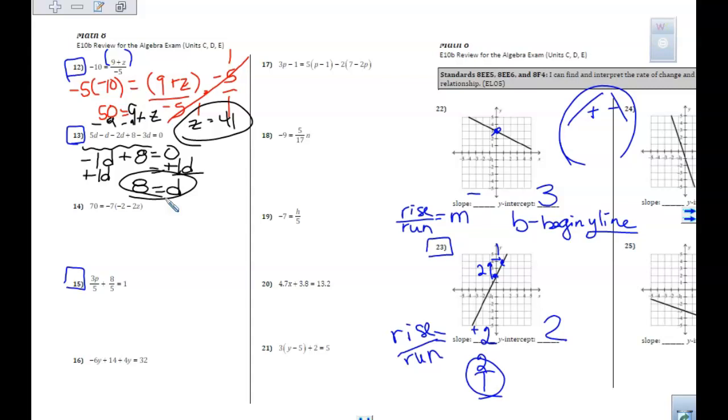So in number 15, as we are looking at that, Anna, what do we have in our denominator that I want to multiply by? 5. So we're going to take 5 times 3p over 5. And if it helps you to put 5 over 1, write it that way. Plus 5 times 8 fifths.